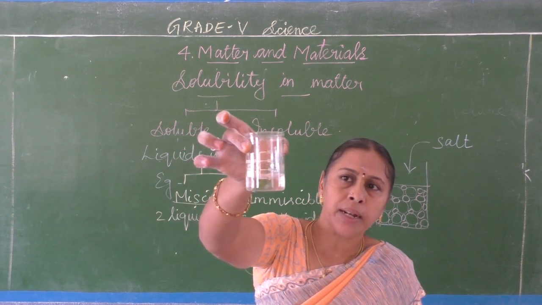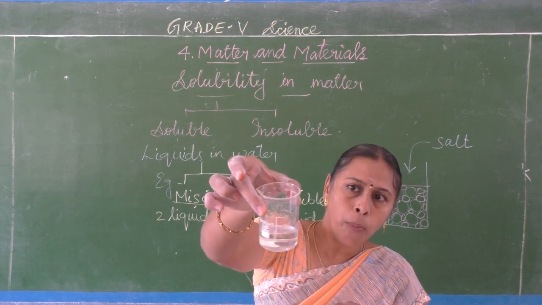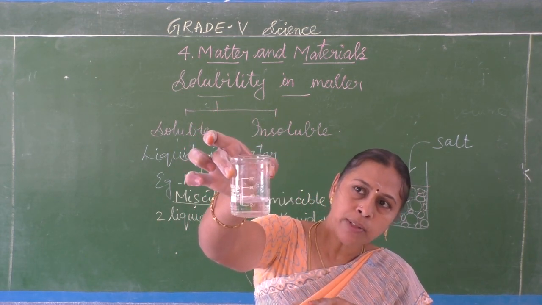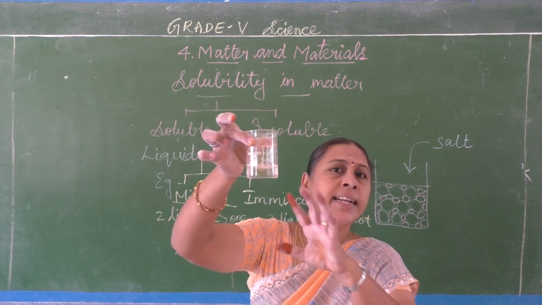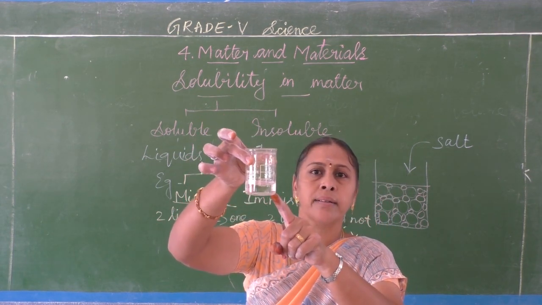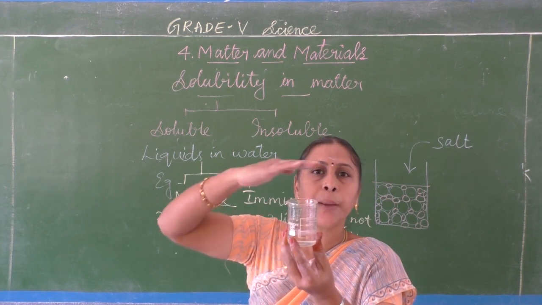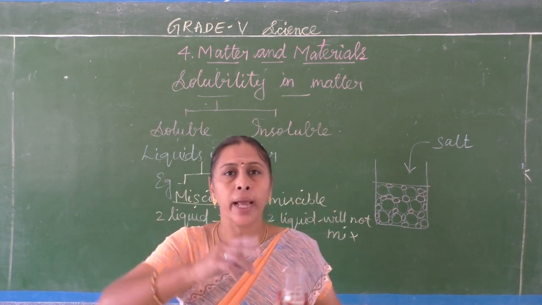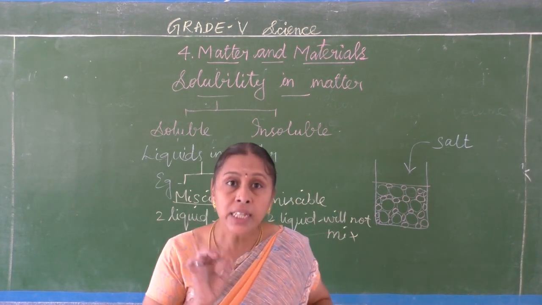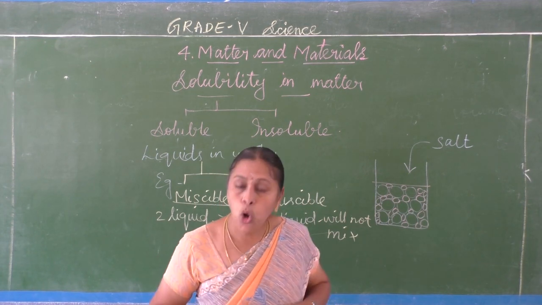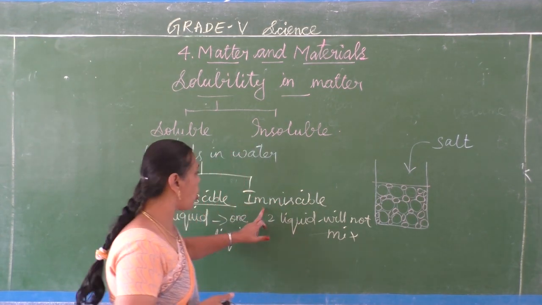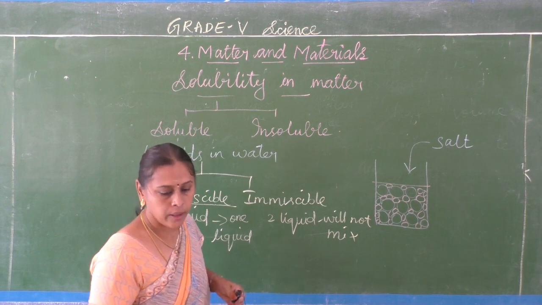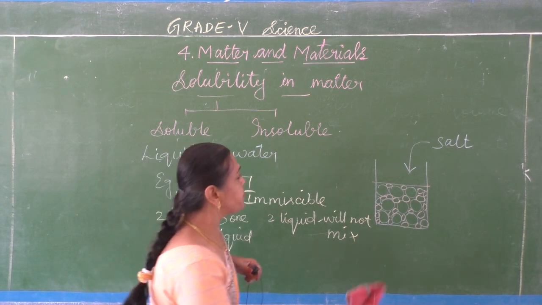Can you see the bubbles at the top? Are you able to see? Because it doesn't get dissolved in that. It is floating as a separate layer at the top. Such liquids which do not get dissolved with each other are called immiscible liquids. Okay. Next one.